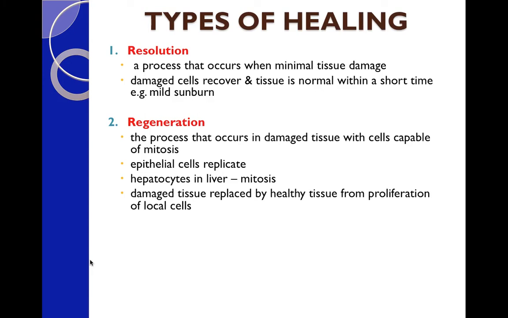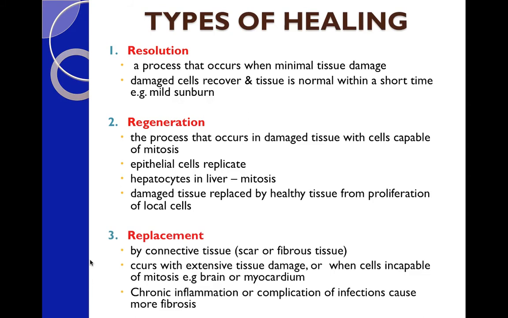Others, like the central nervous system and heart cells, do not regenerate well at all. In cases where you don't get good regeneration, like the heart and the brain, you get replacement. So what was functional tissue now becomes non-functioning scar tissue, and that can obviously have permanent, lasting effects.